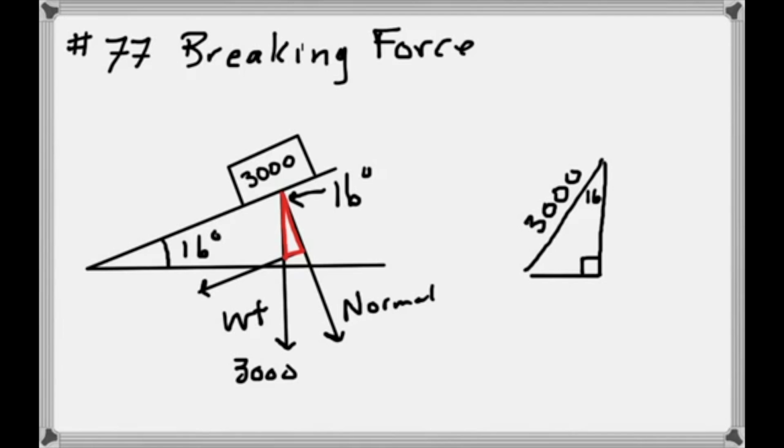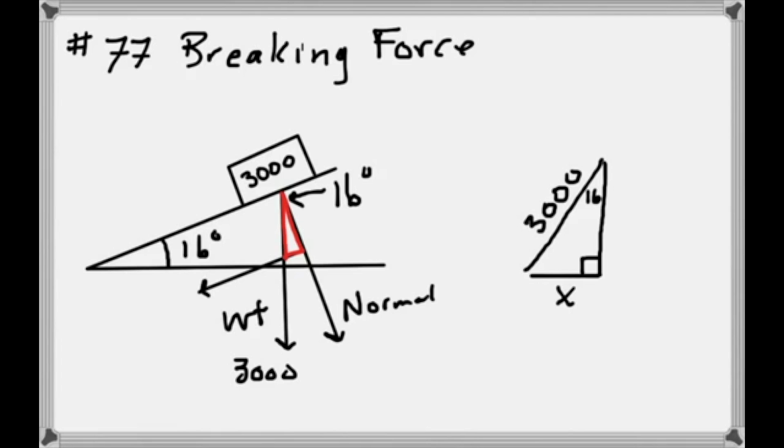Let's label that there. The question we want to know is how much force would be required to keep this box from rolling backwards down the ramp. So the ramp force would be here. If we label that as X, that's going to tell me how much force is required to keep that box in place, to keep it from moving.